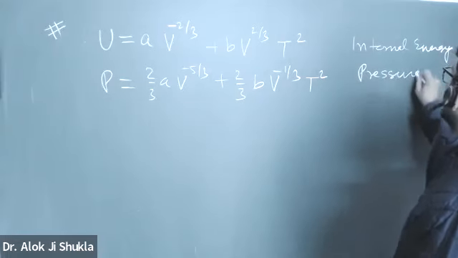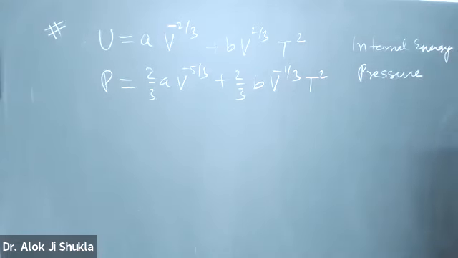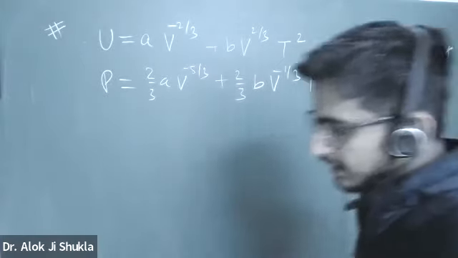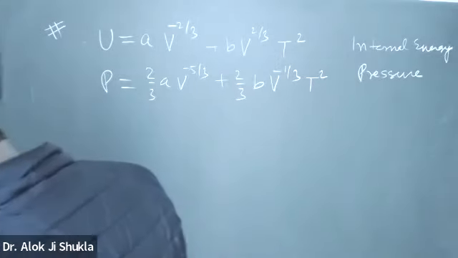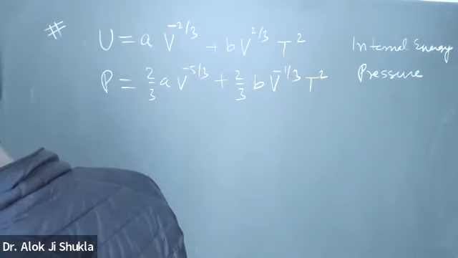So that means for some non-ideal gas, the internal energy is represented like this and pressure is represented like this, where A and B are constants.